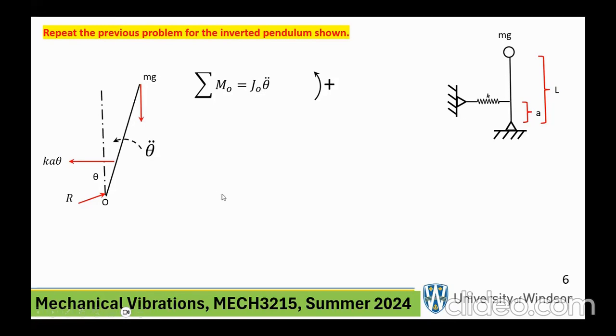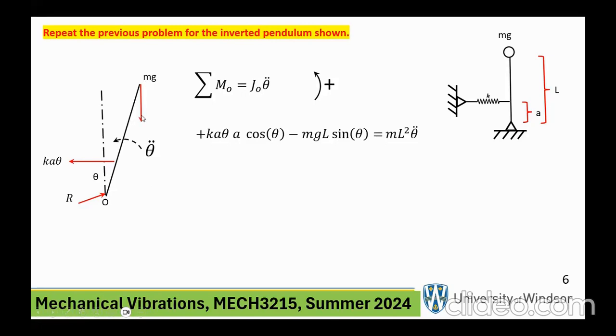The sum of all the moments about the point O, the pivot point, in the counterclockwise direction is positive. So this spring force has a positive moment, and the moment arm is just A times cosine of theta.